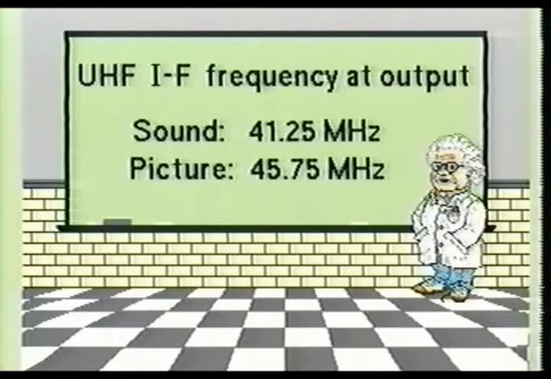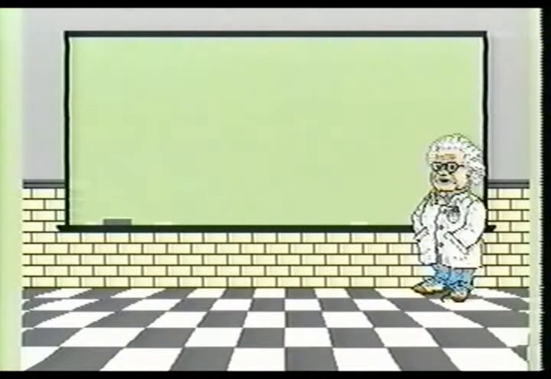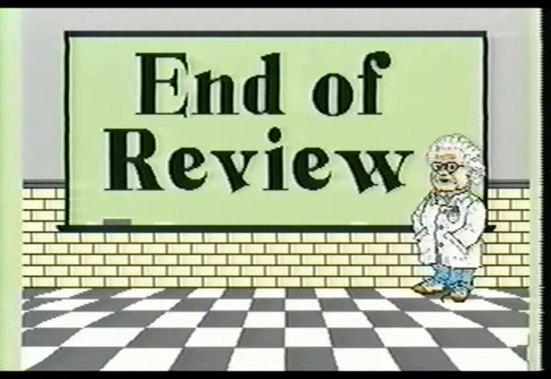The IF, or intermediate frequency values, at the output of the mixer section will be 45.75 MHz for the picture carrier and 41.25 MHz for the sound carrier, regardless of the frequency of the selected channel. This concludes review number 1.